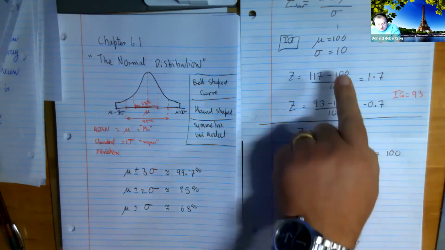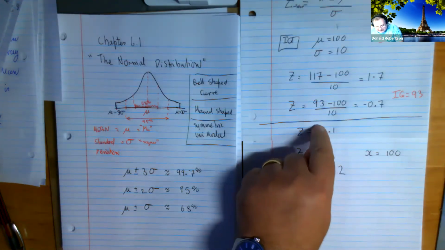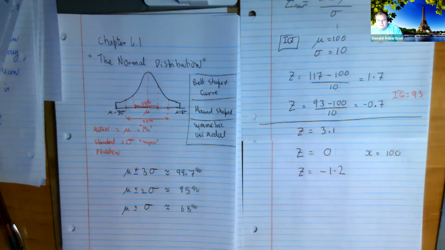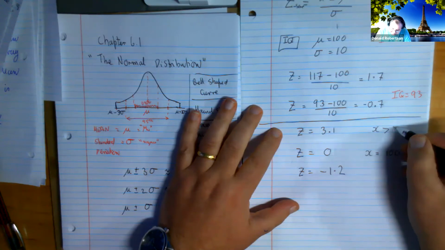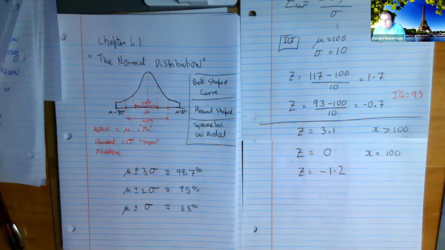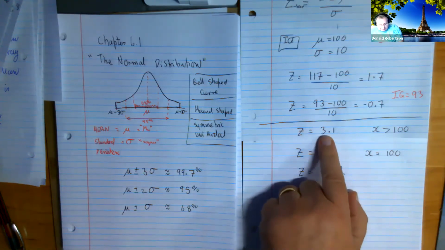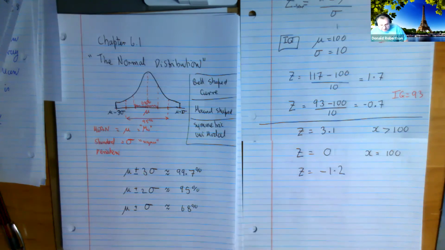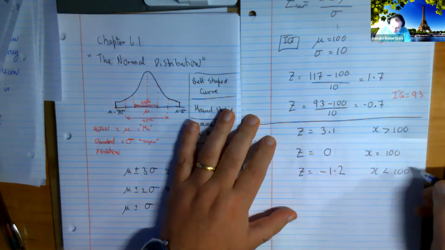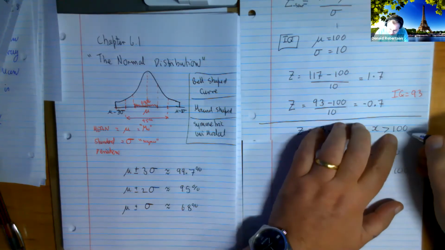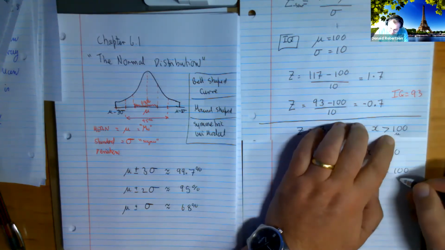Because take them away, that's how you get 0. If it is a positive number, does it not mean that the score has to be bigger than 100? Right, a positive z-score means you are greater than the mean, in this case by 3.1 standard deviations. And if it's negative, does it not mean that you're less than the mean?